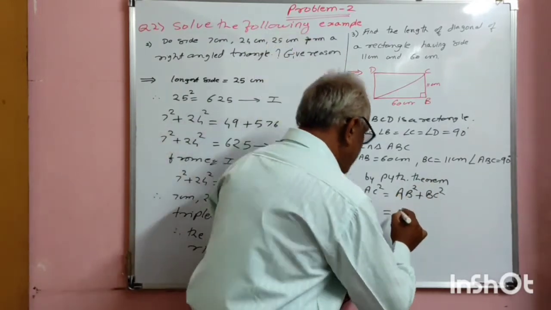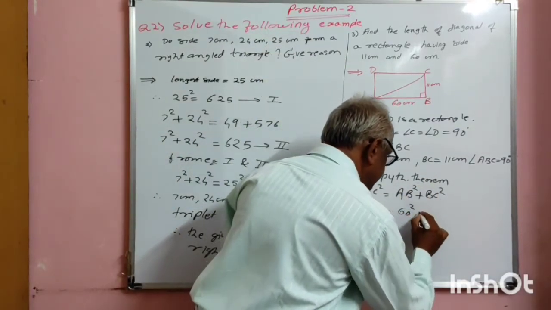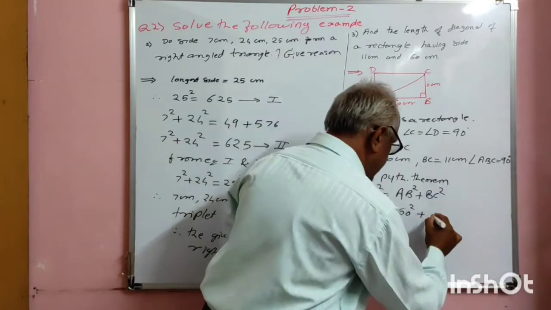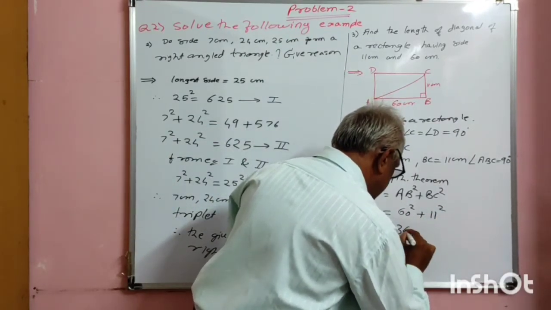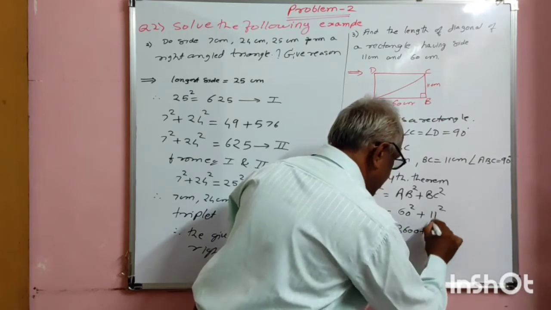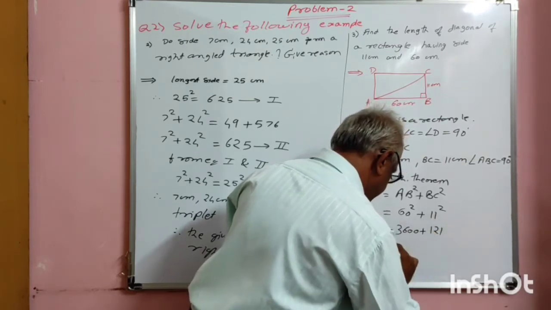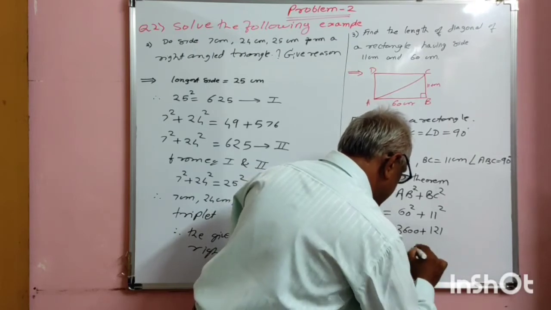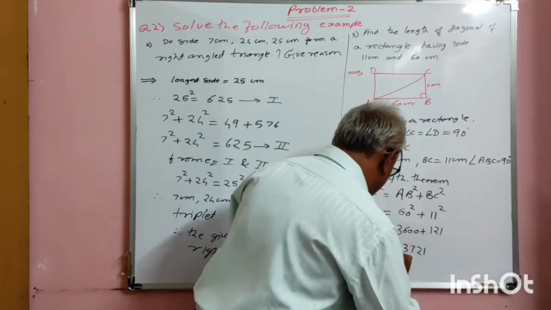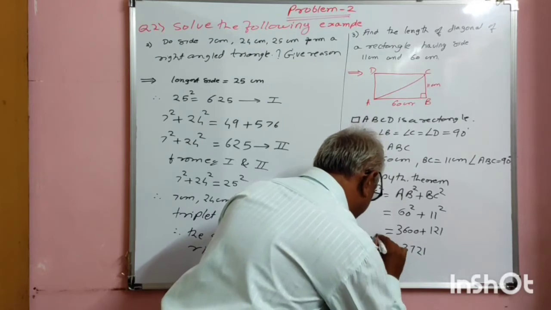AB is 60, so 60 square plus BC is 11, so 11 square. 60 square is 3600 plus 11 square is 121, which is equal to, adding this we will get 3721. This is AC square.